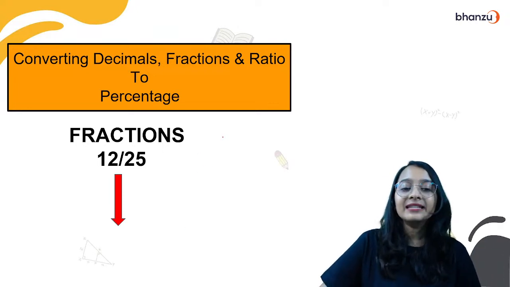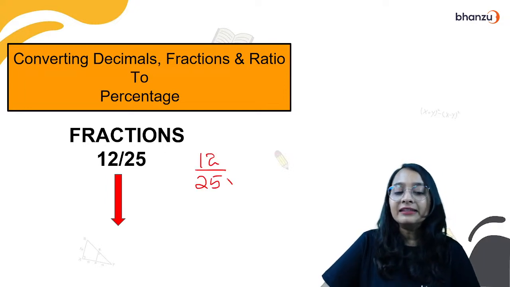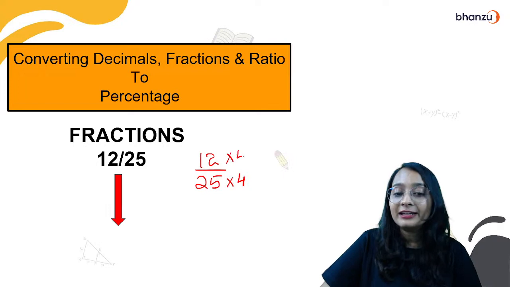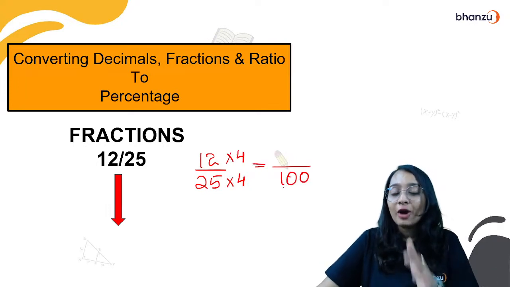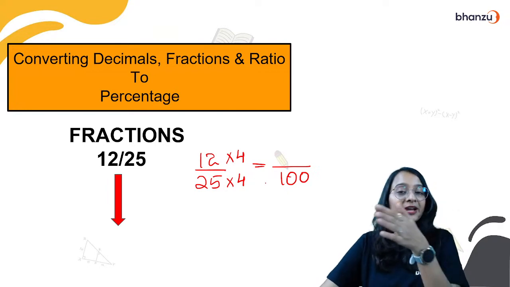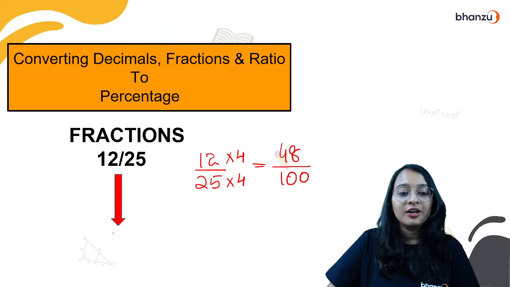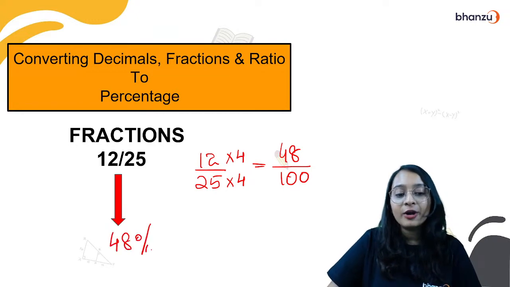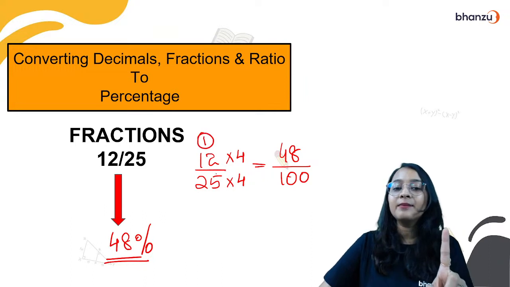Yeah. So when I take a fraction 12 by 25, I can either multiply the numerator and denominator with 4. Why? Because I can easily make the denominator 100. 25 multiplied with 4 is 100. And then you will have 48 in the numerator. So it will directly be 48%. This is method number 1.